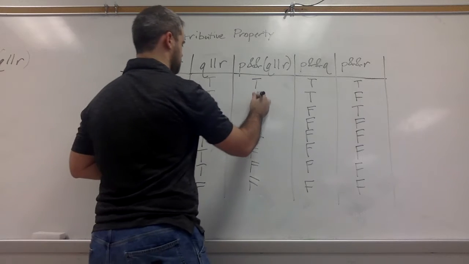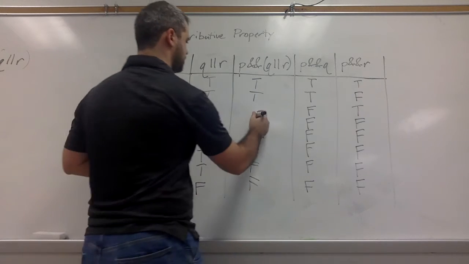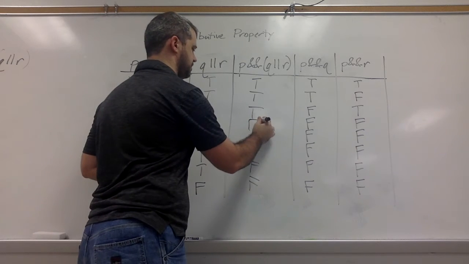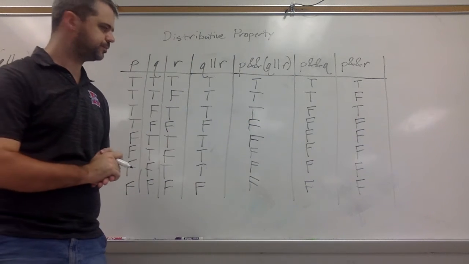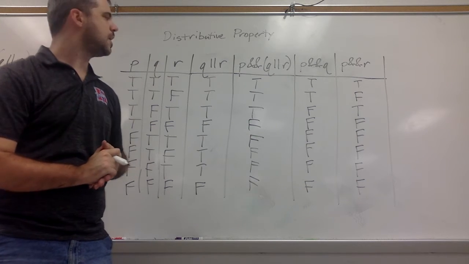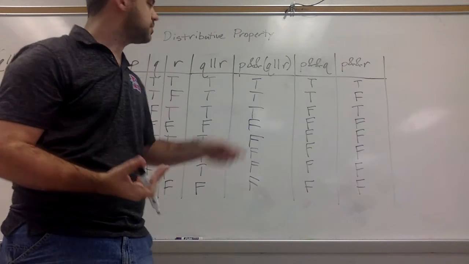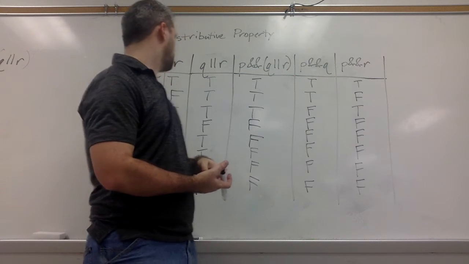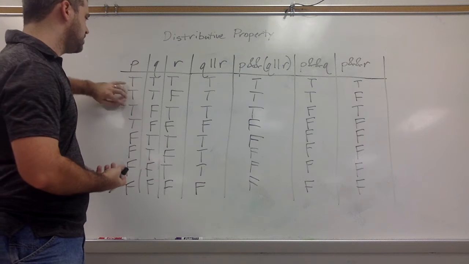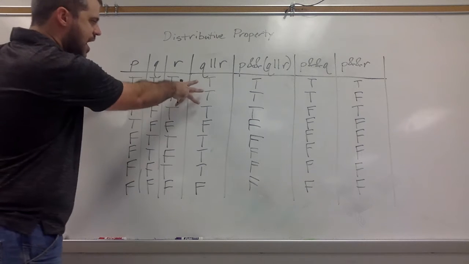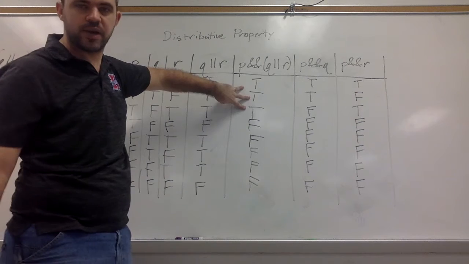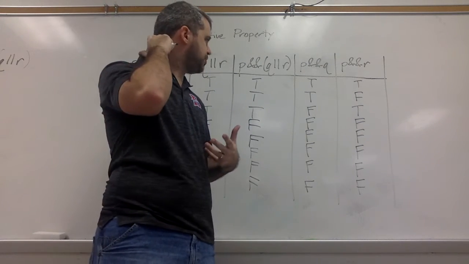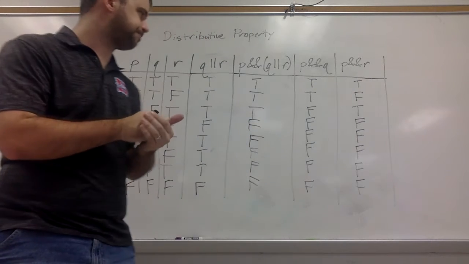The or was true here. The or was true here. But here, Q and R were both false, so we get a false there. Okay, this should kind of make sense. So for P and (Q or R), only the places where P was true and Q or R was true is where we got our trues right there.